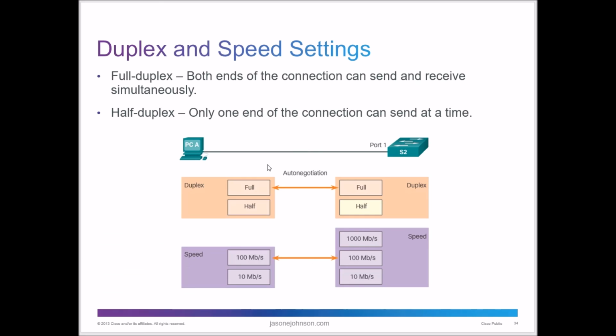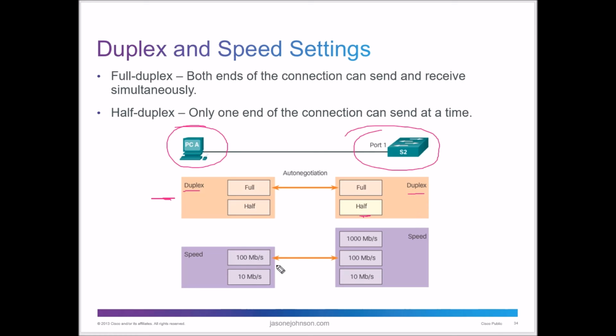So when we talk about switch port settings, if you recall back in the Chapter 4 videos, we talked about half duplex and full duplex. Well, if PC A is sending full duplex and port 1 on switch 2 is only working in half duplex, you're going to have a bad time, because they need to communicate in the same duplex, whether it's half duplex or full duplex.